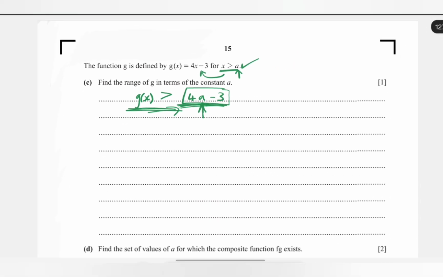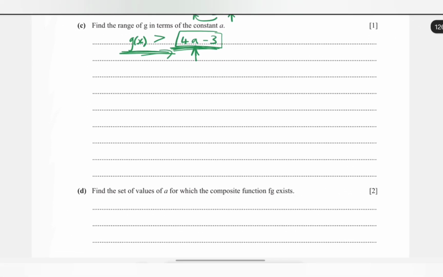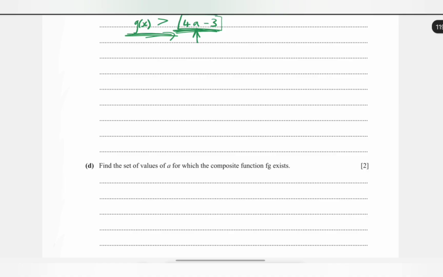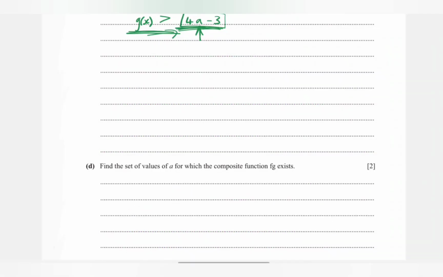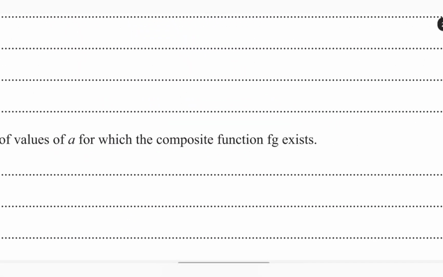And this again is for 1 mark. Then D is saying find the set of values of a for which the composite function fg exists. And for fg to exist, the range of the inner function should be within the domain of the outer.